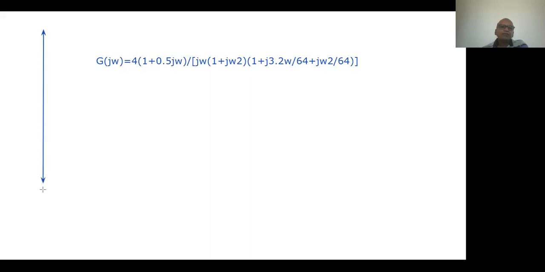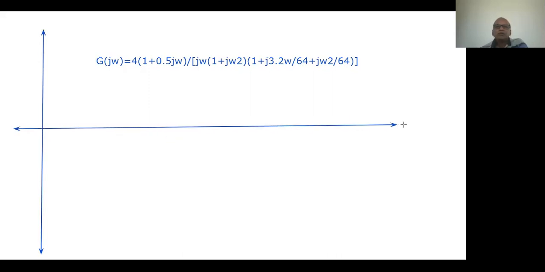And then draw the magnitude plot, same procedure. Here consider the corner frequencies. For 4 divided by the j omega, it is a straight line with the slope equal to minus 20 dB per decade.